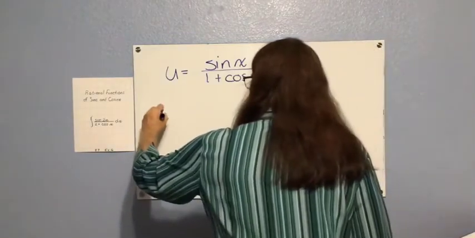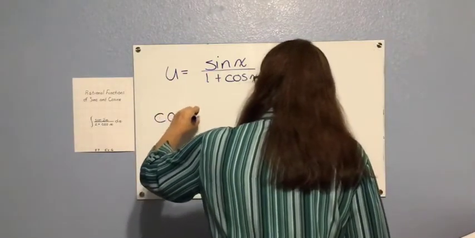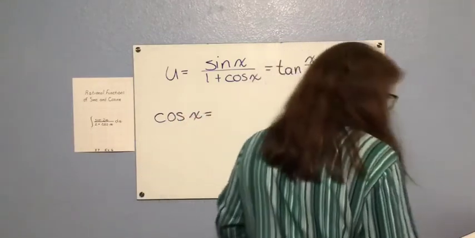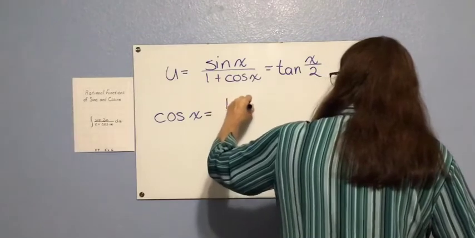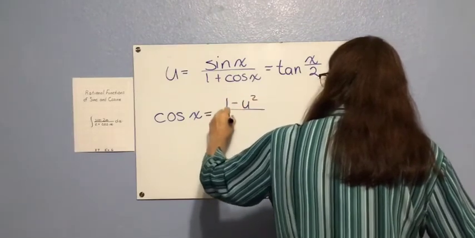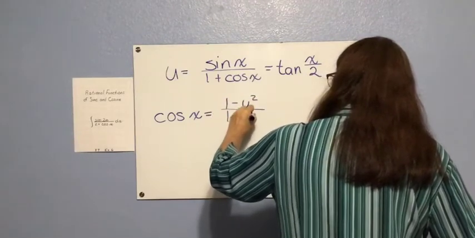And I can get that cosine x is equal to 1 minus u squared over 1 plus u squared.